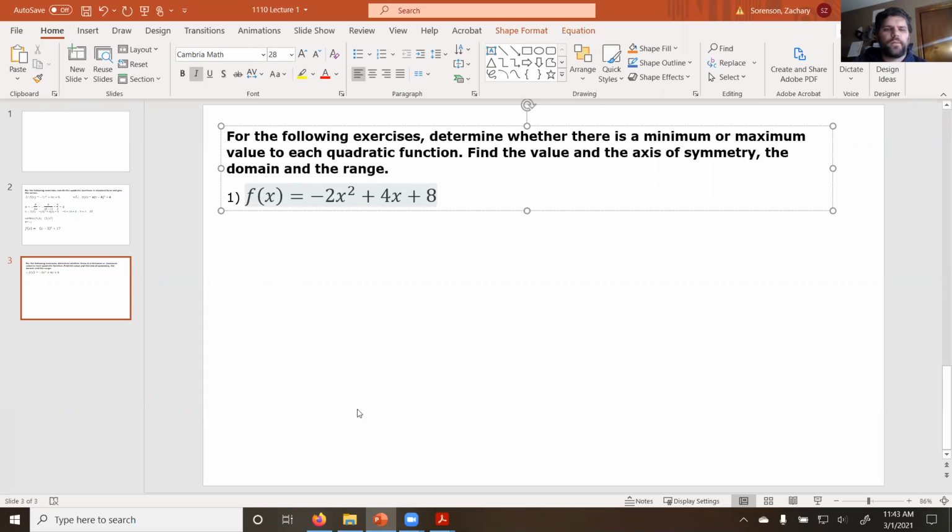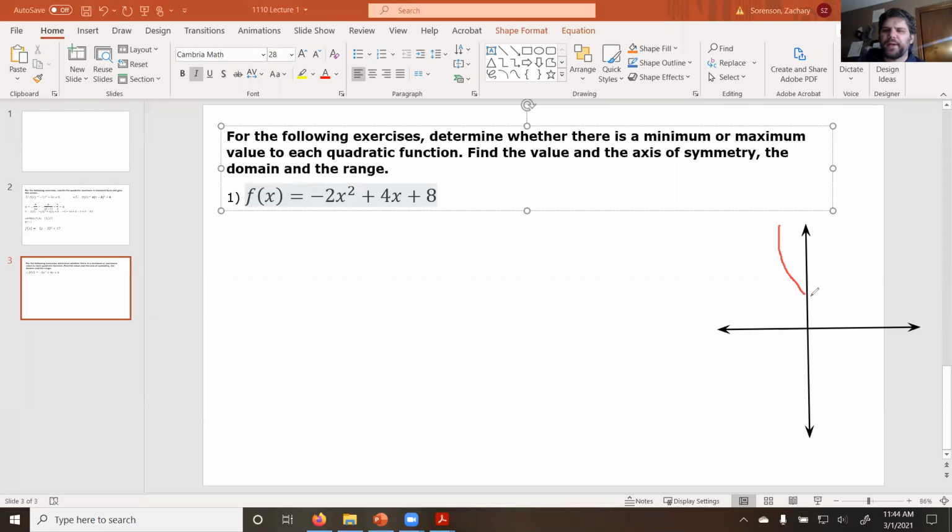To give it some context with a picture: we can't lose sight of the purpose of this section, which is to focus on the graph of a quadratic, or an x squared graph. When graphing a parabola, there are two possibilities for orientation.